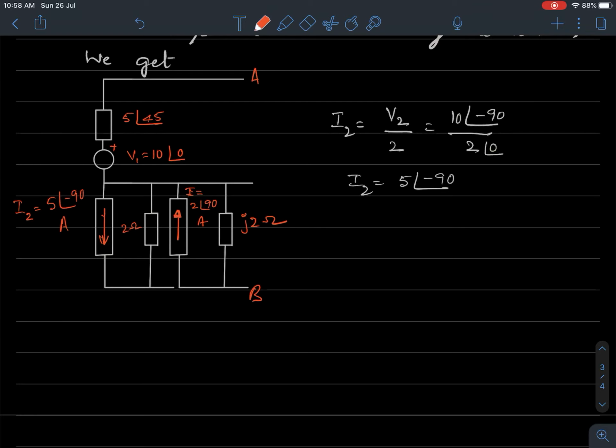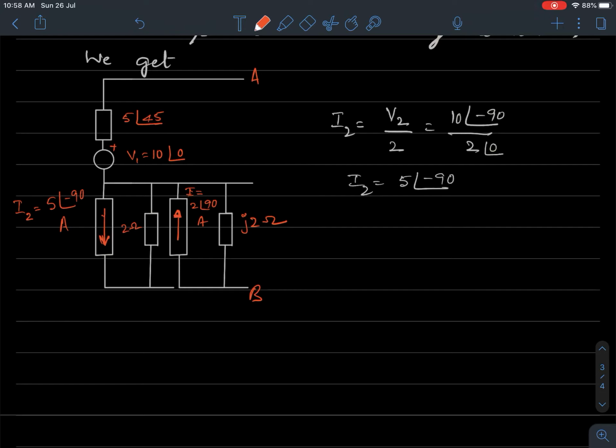This is a side note you have to remember. Instantaneous polarity means that when the source I has its upper end positive, at the same instant I2 has its lower end positive.